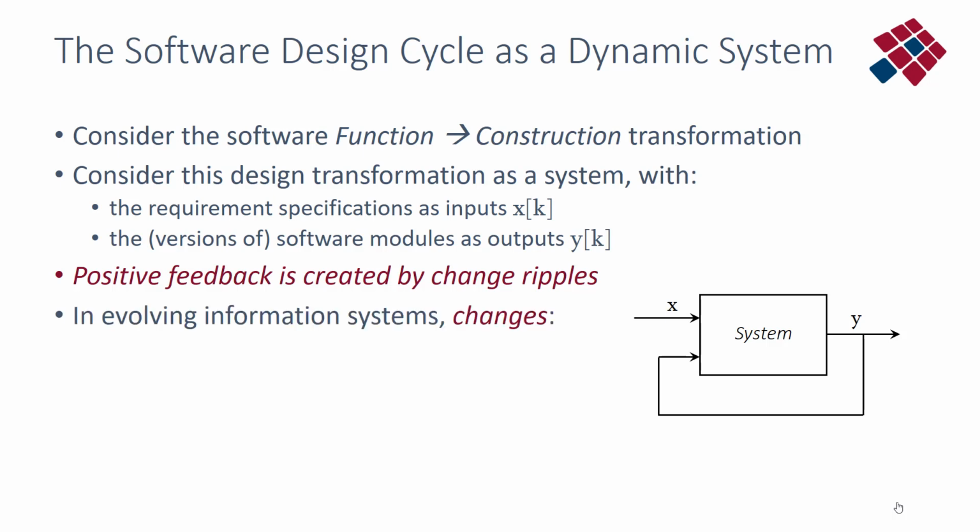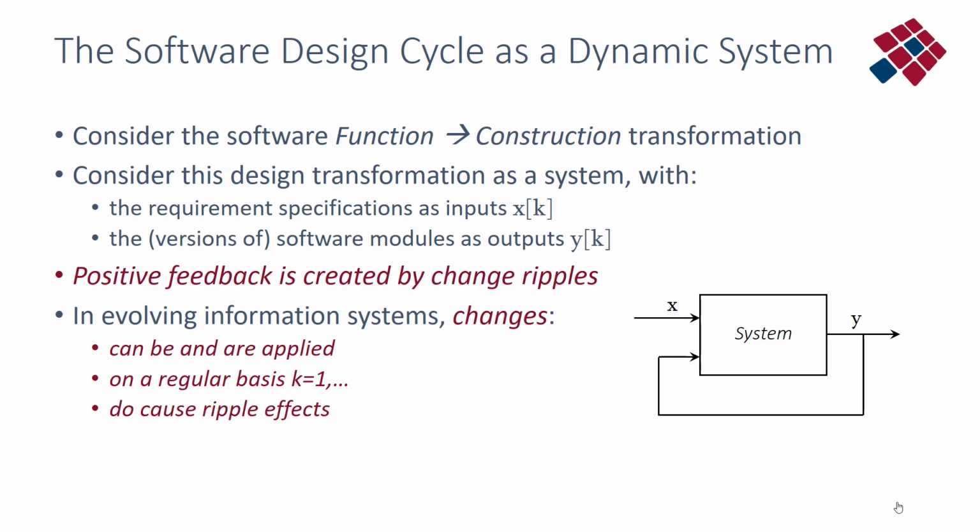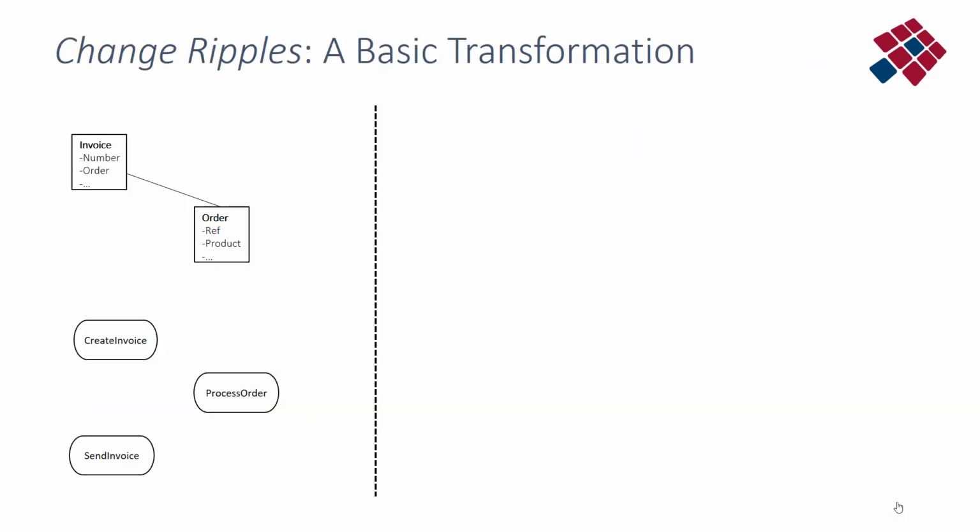And in evolving information systems, of course, these changes are applied on a regular basis. It's basically a discrete dynamic system, and they do cause ripple effects. Now, if we represent that transformation, we have on the left-hand side the requirements, which are very basic conceptual requirements, where you need to represent data entities like orders and invoices, and where you need to be able to perform actions: creating invoices, processing orders, sending invoices, and so on.